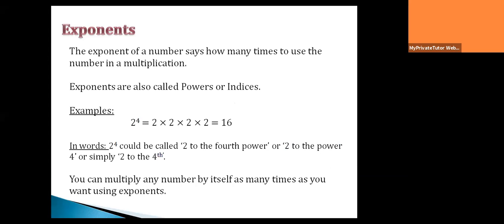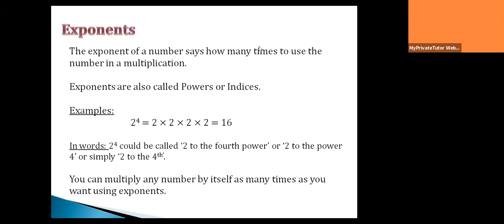So exponent is the number which says how many times we need to use the base number in a multiplication. For example, in 2 power 4, 4 is the exponent.